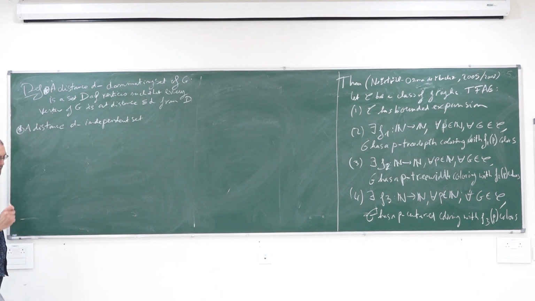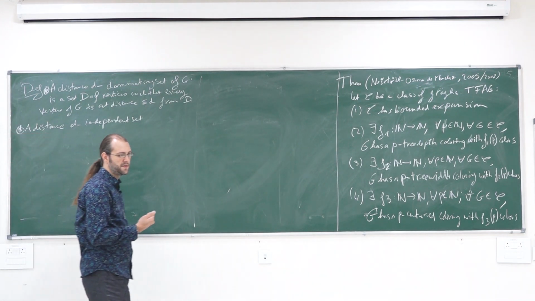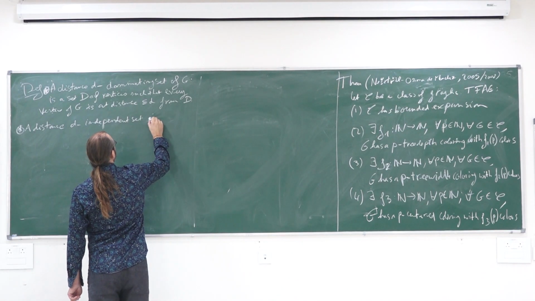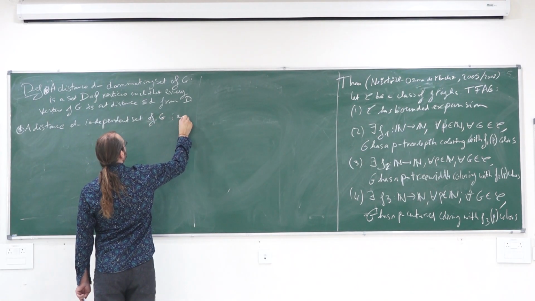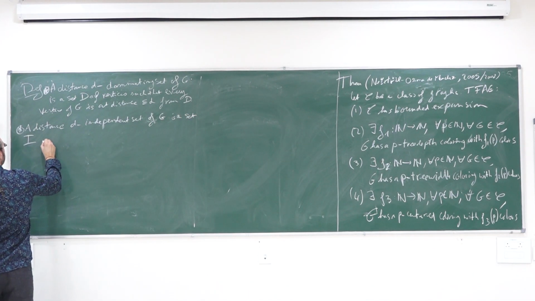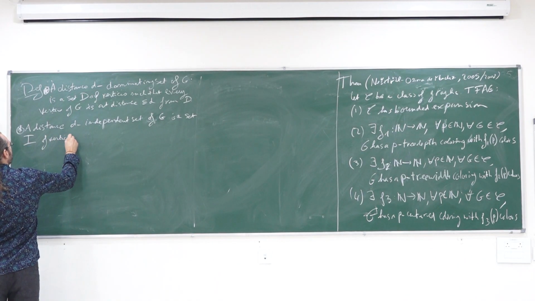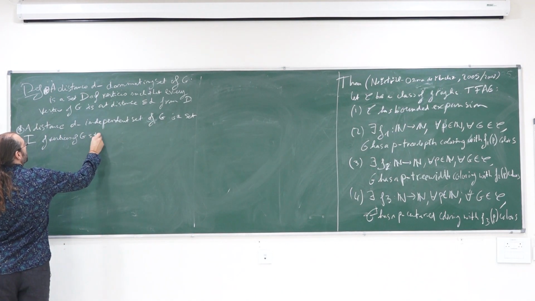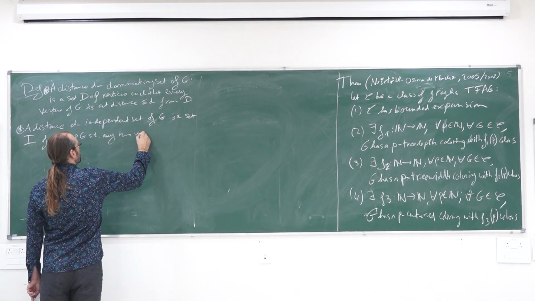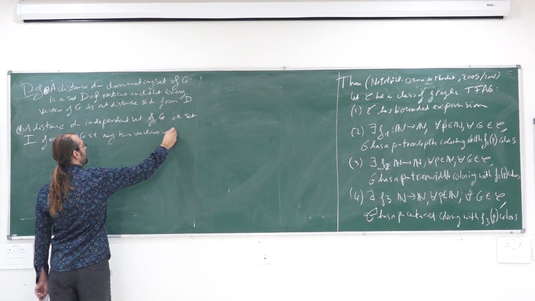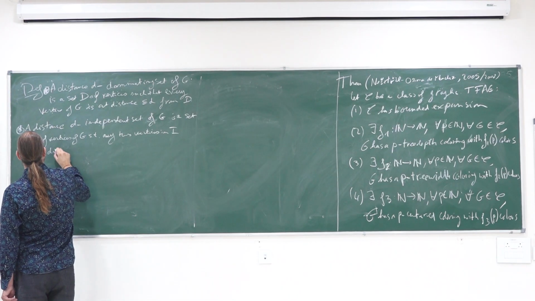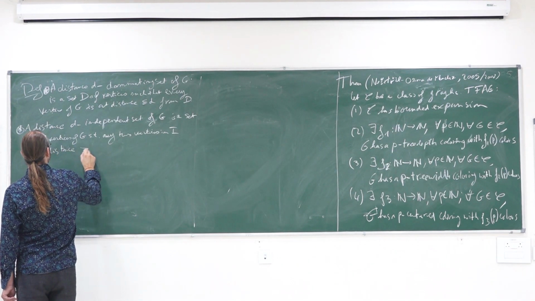For me, a distance d independent set in G is a set I of vertices of G such that any two vertices in I have distance at least d.